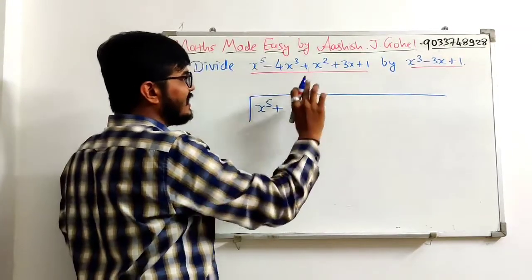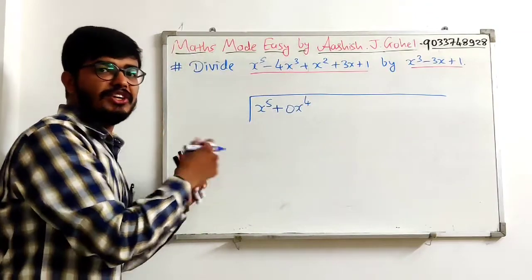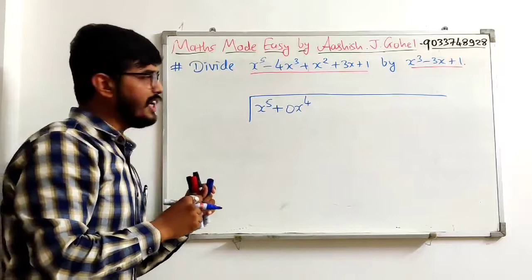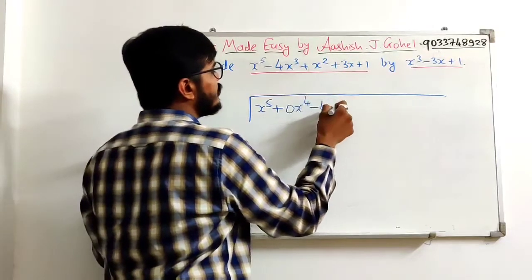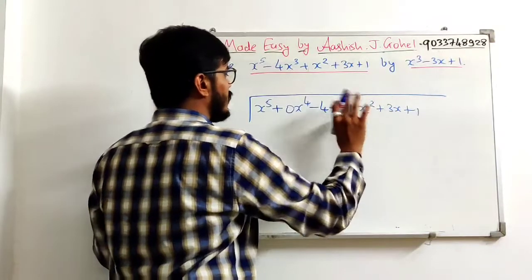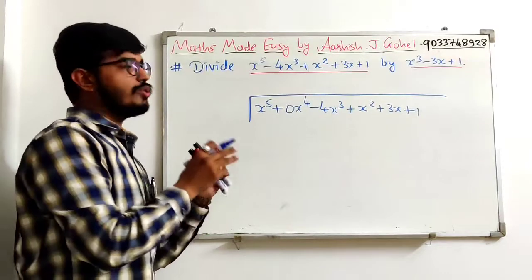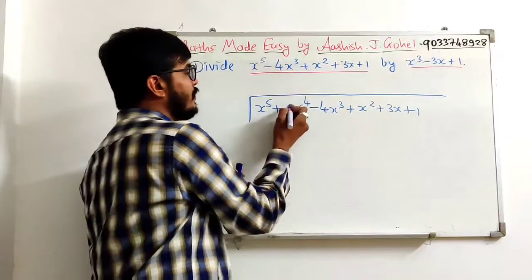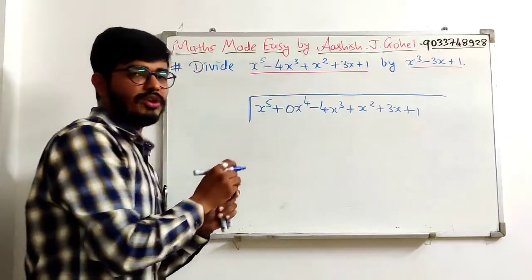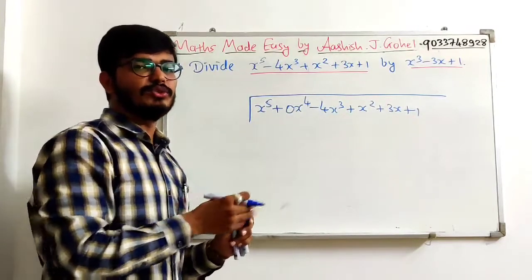So while writing this, you need to add 0x raised to 4 for the simplification of the division process. Okay. Then minus 4x cube plus x square plus 3x plus 1. So the term which is absent in descending order of the power of x, we need to add that term with coefficient 0. So actually that term is 0 only, but it will be easy for you to divide.